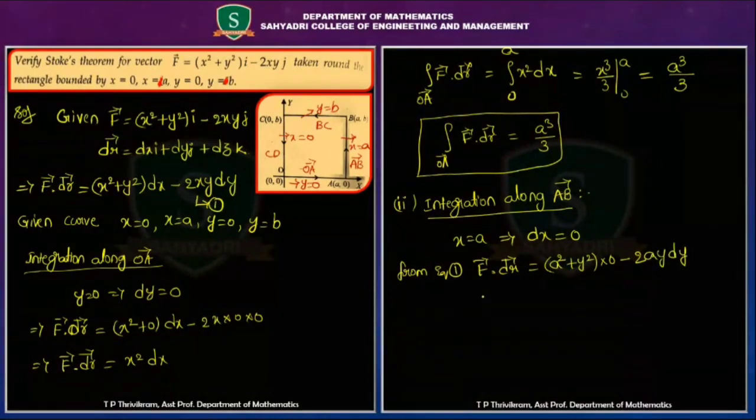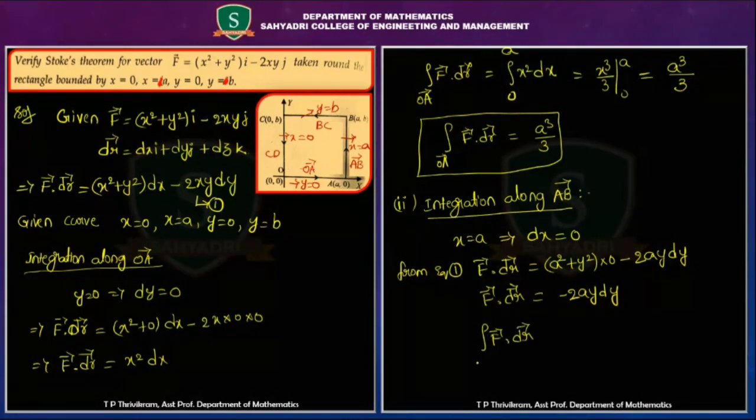Okay, so f dot dr is equal to minus 2ay dy. So apply integration: the integral of f dot dr along the line AB is equal to minus 2a integral y dy.